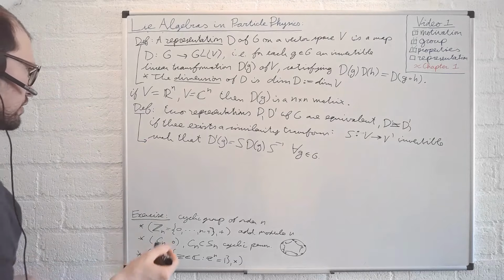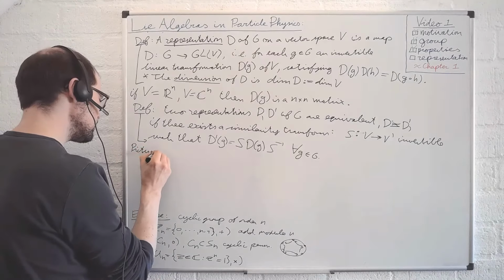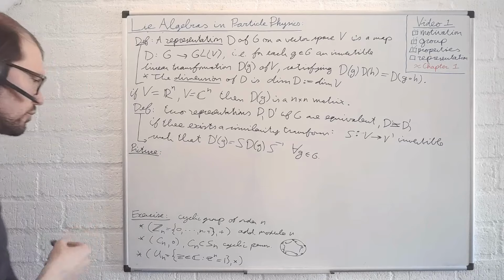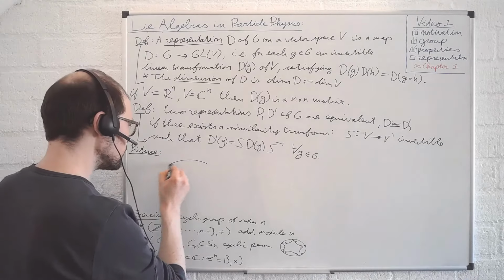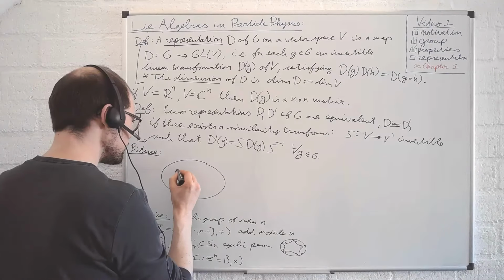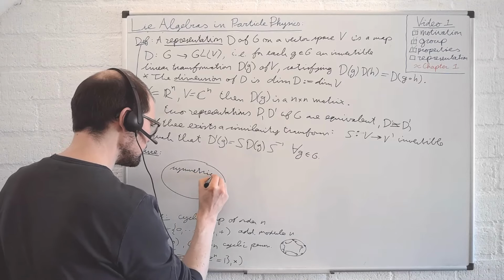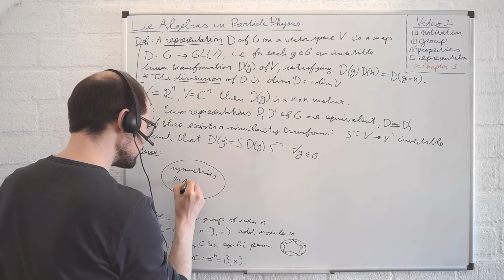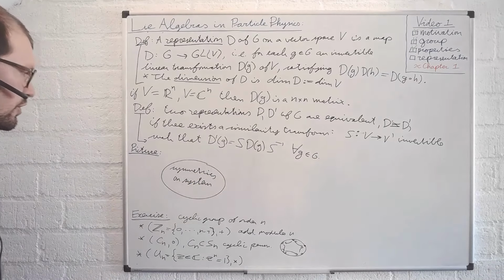So with this, we can finish the introduction, and I want to sketch for you a picture of what the goal is going to be. We have some set of symmetries on our physical system that we're interested in.